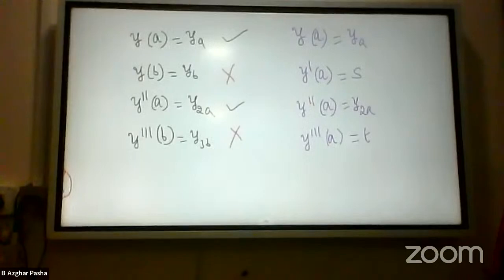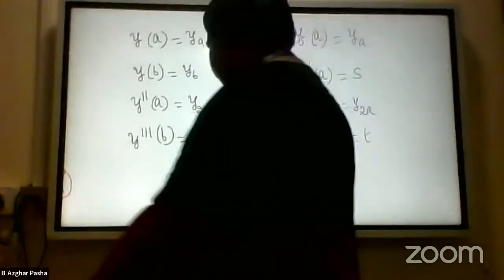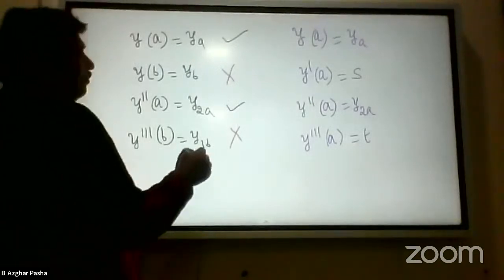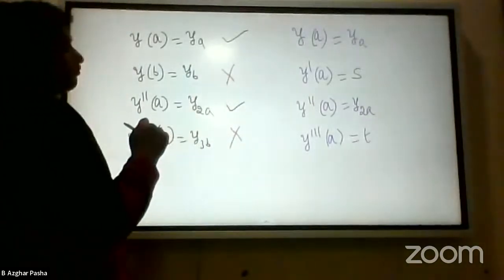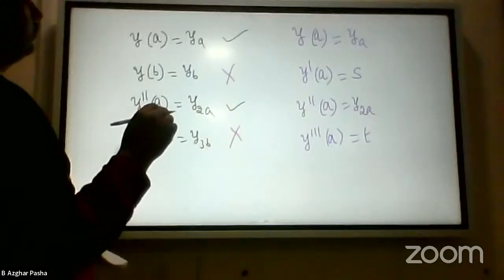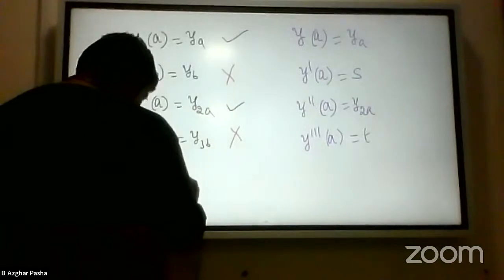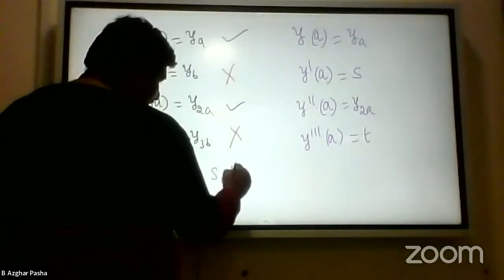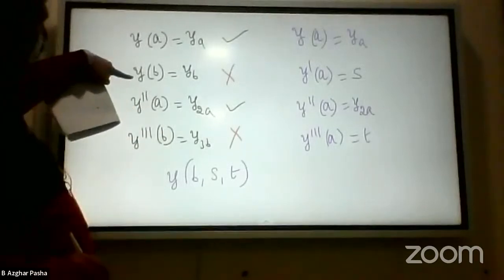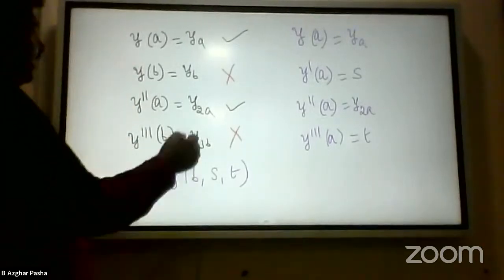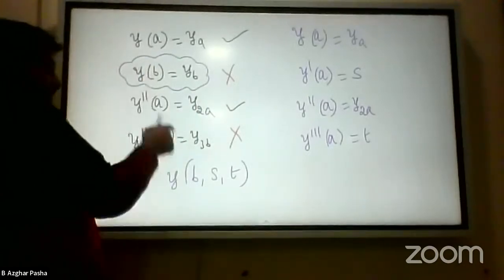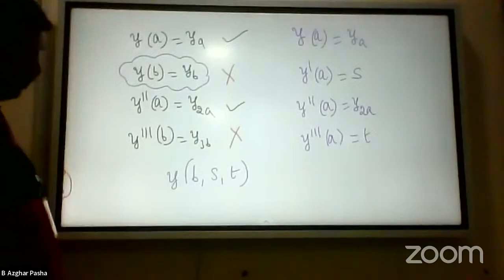So there are three conditions, two conditions I have to check. Condition number 1: the solution of the initial value problem at B, because y of B is the condition which I am excluding. So the condition which I have to check is for y at B associated with the initial value problem.